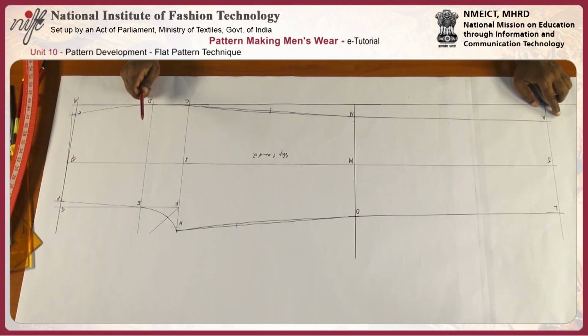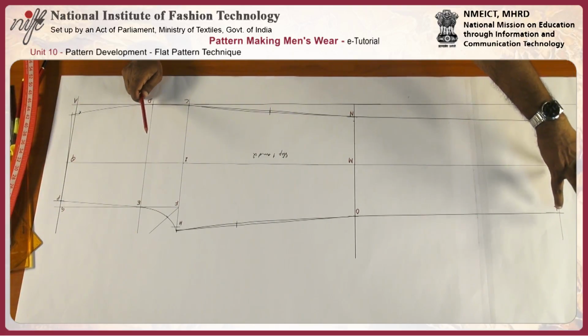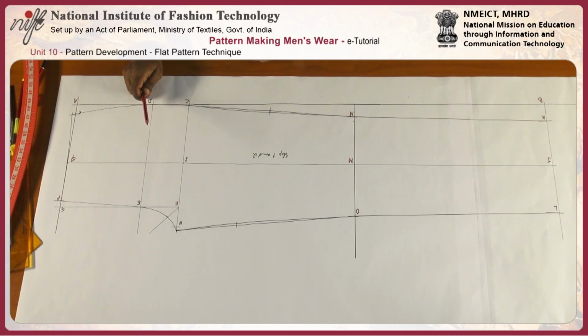Then J to L, the measurement equal to J and K. This and this will be similar measurements.